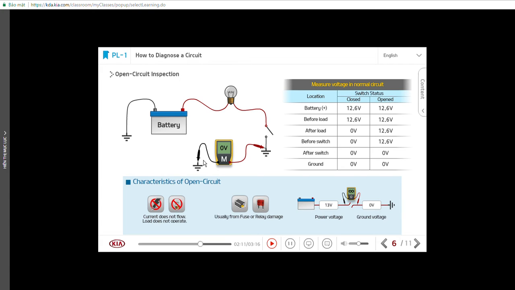You can see that the load is not operating, and the power voltage is standing by right before the opened switch.